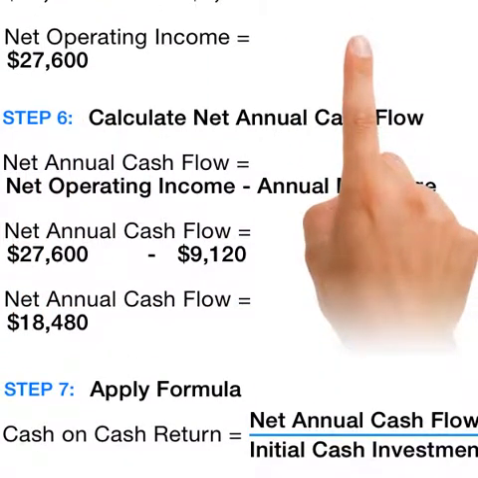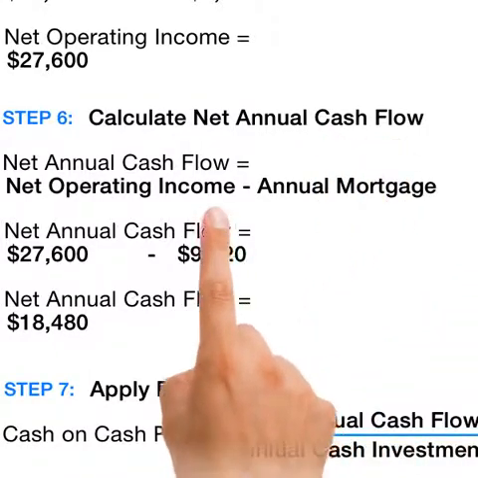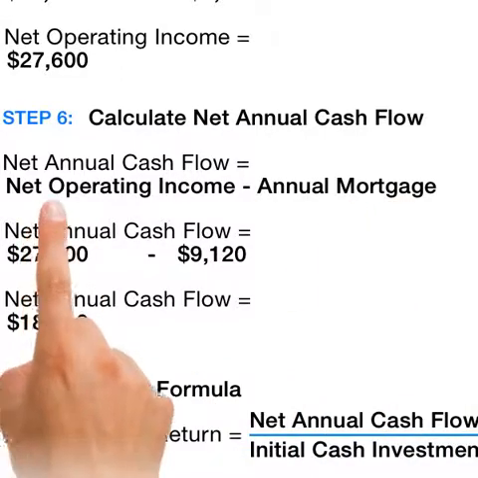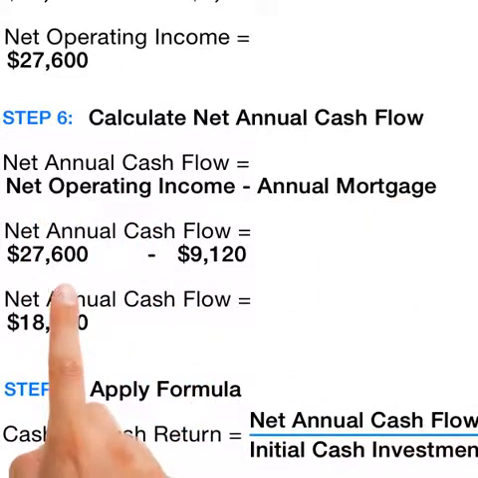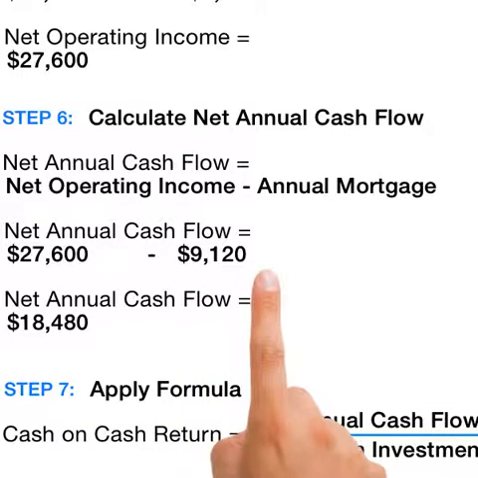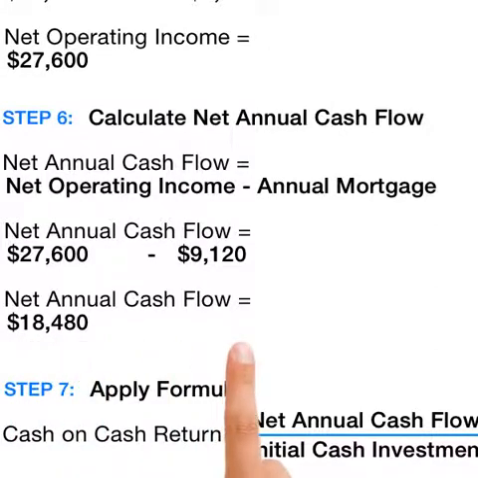And now we calculate the net annual cash flow, which is subtracting the annual mortgage from the net operating income. So 27,600 minus 9,120, you will have a net annual income of 18,480.